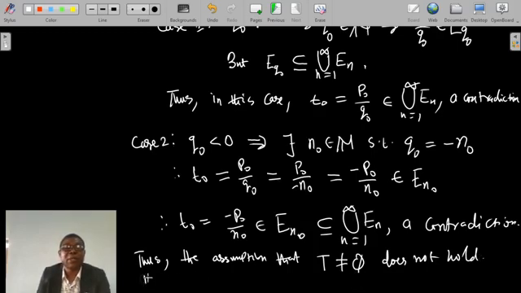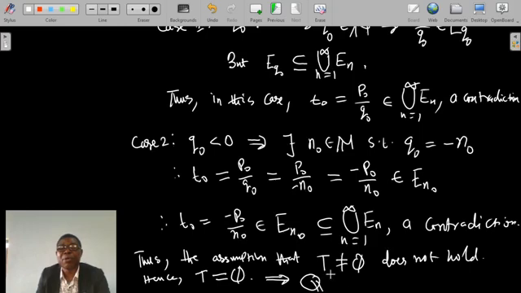Hence, T is an empty set. And this implies that Q, the set of rational numbers, is equal to the union n equals 1 to infinity of E_n union T, which is equal to the union n equals 1 to infinity of E_n, since T is empty.